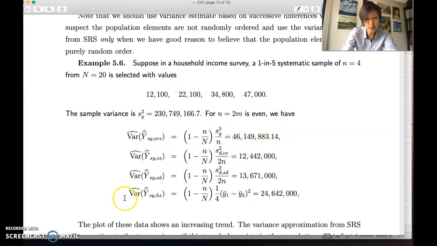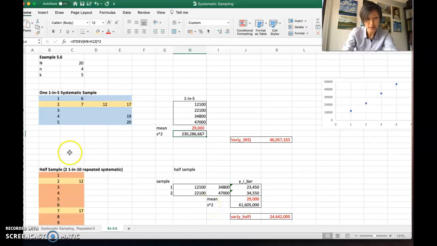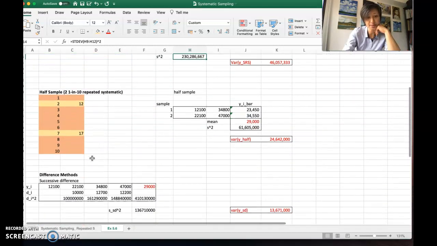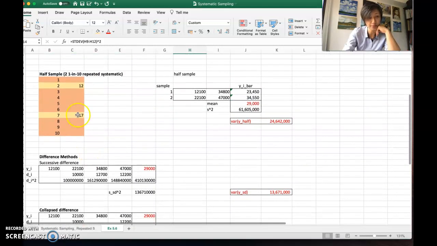Let's look at what happens if I put it into a repeated systematic sampling, with half-size samples. If I repeat this into 2 repeated 1 in 10 systematic samples, that is what I will be doing.